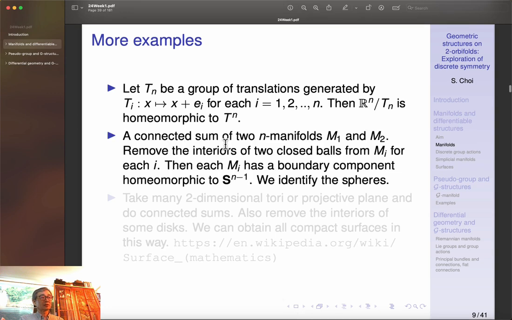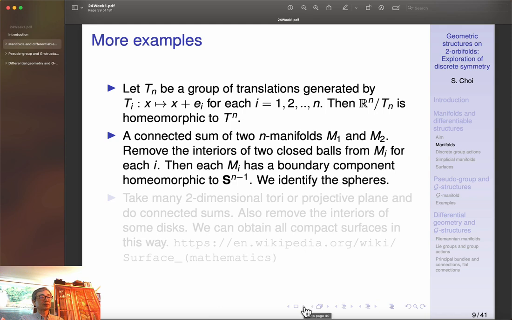And the connected sum of two n-manifolds M1 and M2: you remove the interior of one n-ball from each Mi, and then each Mi has a boundary component homeomorphic to S^(n-1). Then you identify the spheres. So then the result is again an n-manifold.